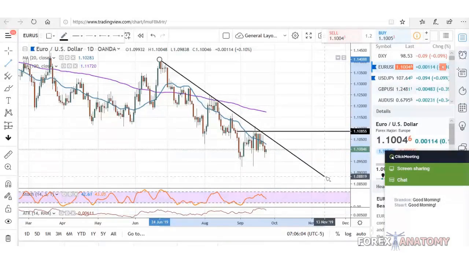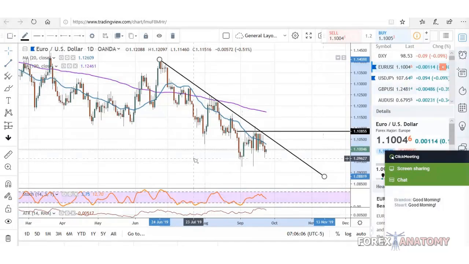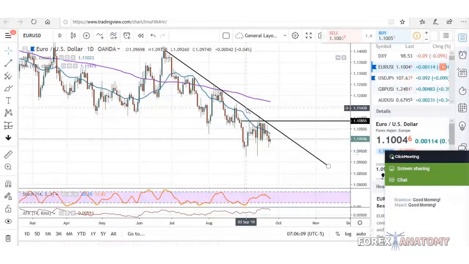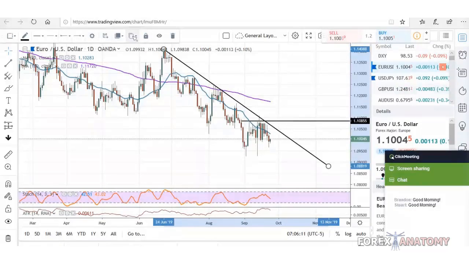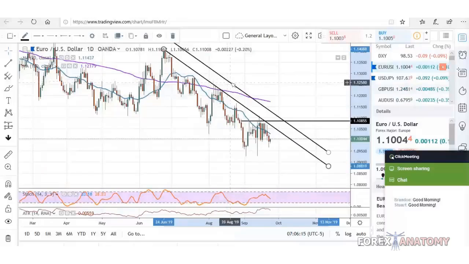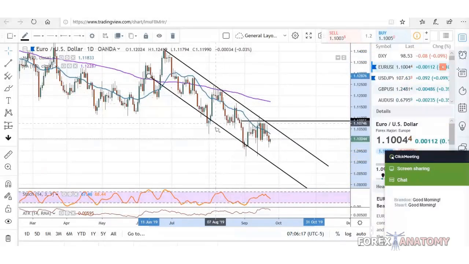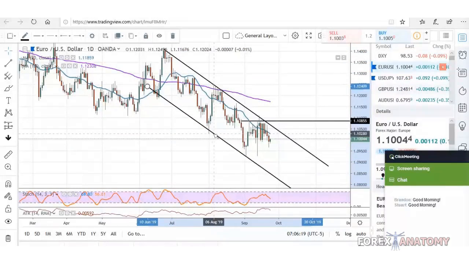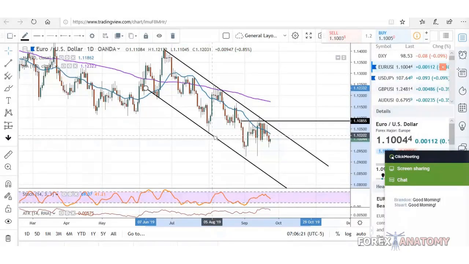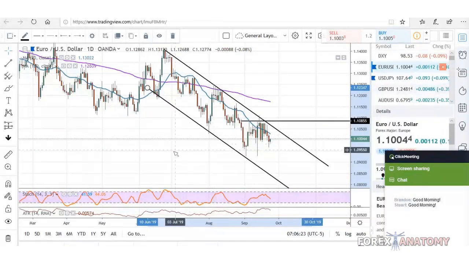Really, I believe this is a channel. Let me clone this line and drag it below. This fits, and it pretty much does. It pretty much fits. This line was tested here, and it was tested here.